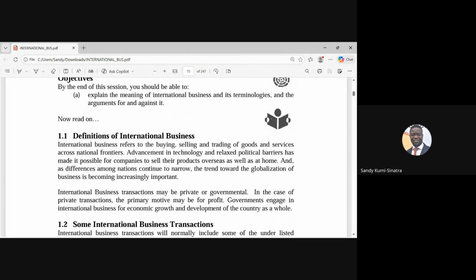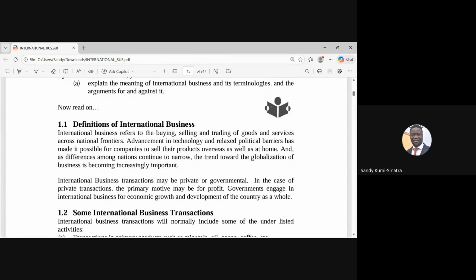So we define international business as the buying, selling, and trading of goods and services across national frontiers. So far as you consume a commodity or access a service that is not of Ghana, it basically means that you have transacted international business.